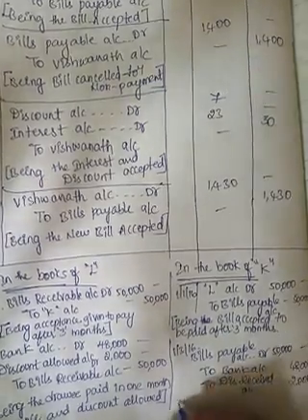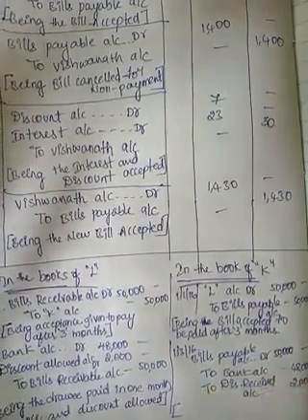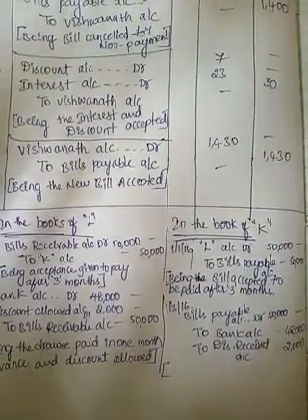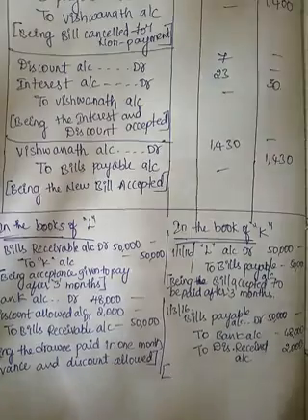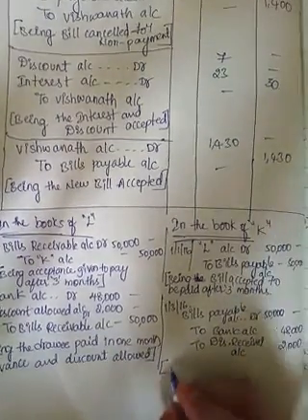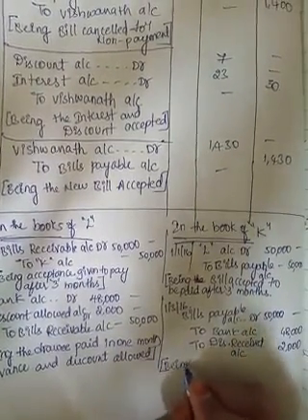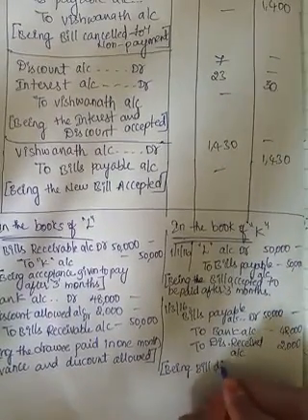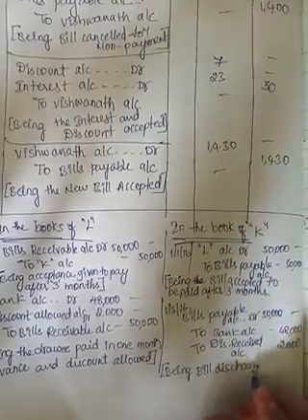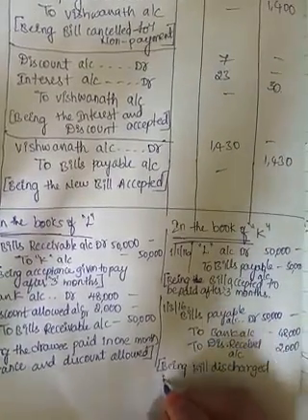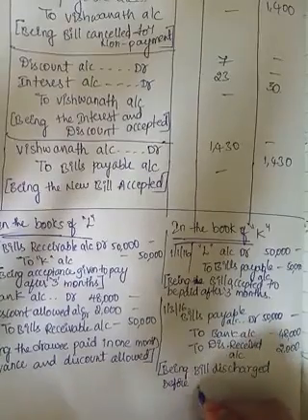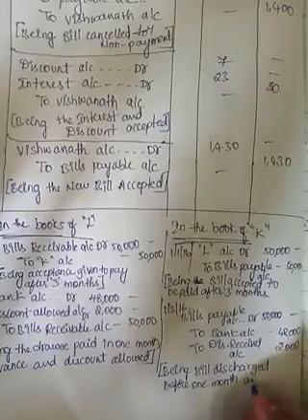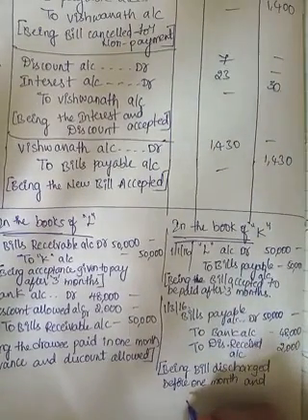Narration is being the bill discharged one month before and the discount received.